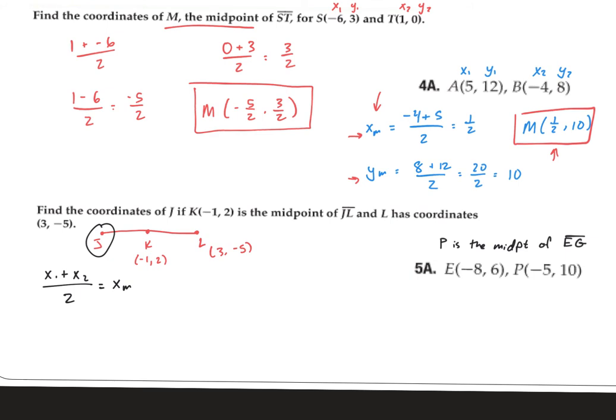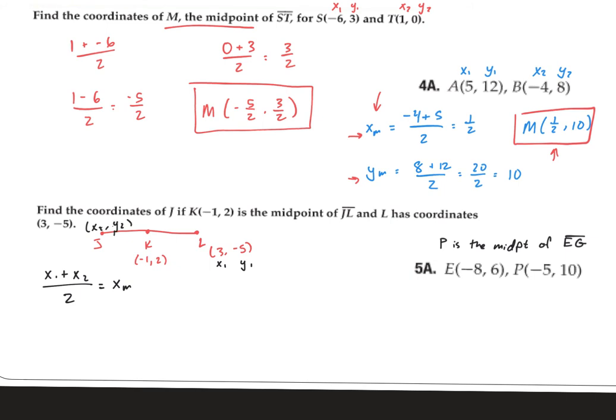Let's look at what we have. Here, my endpoint, this is going to be x1 and y1. J is my other endpoint, so that's where x2, y2 is going to be. So I'm going to erase this and do x2, y2 over here.